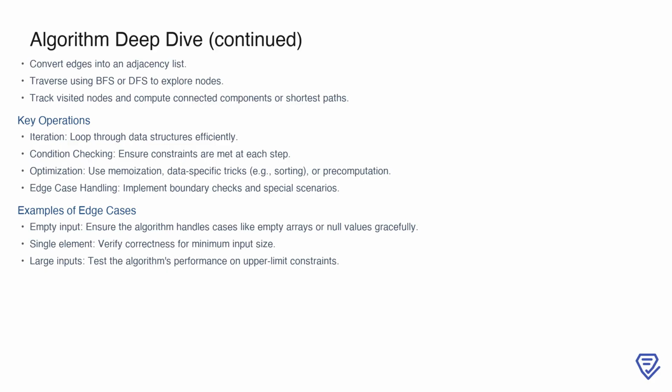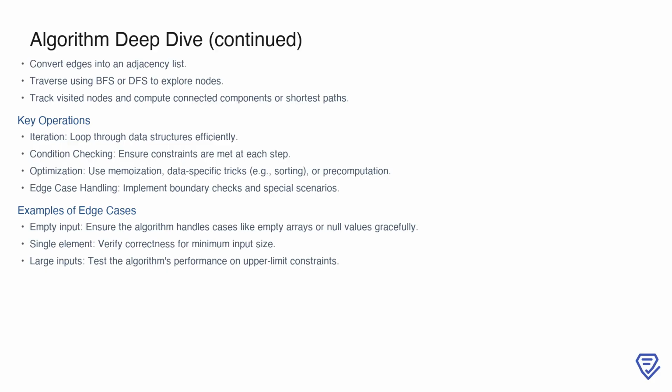Key operations common to many algorithmic solutions include efficient iteration, ensuring constraints are checked at each step, and leveraging optimization techniques. For instance, pre-computing results, sorting data, or applying memoization can significantly speed up certain processes. Edge case handling is equally important. For example, ensure the algorithm can handle empty inputs, such as an empty array or null values, without breaking.